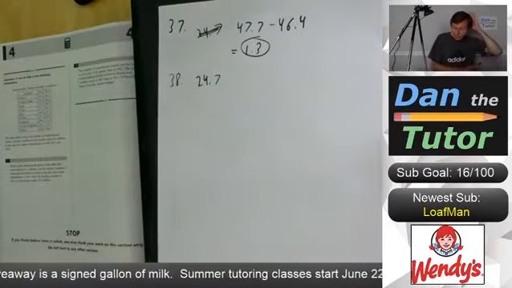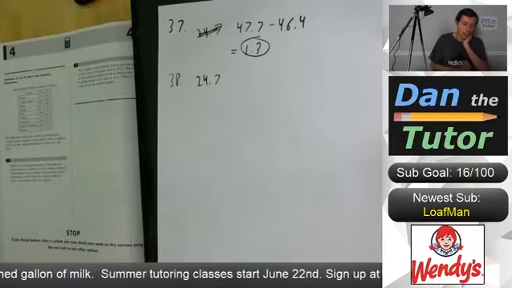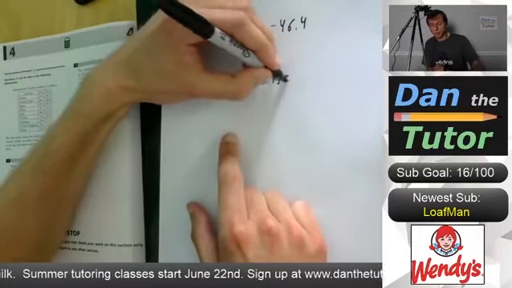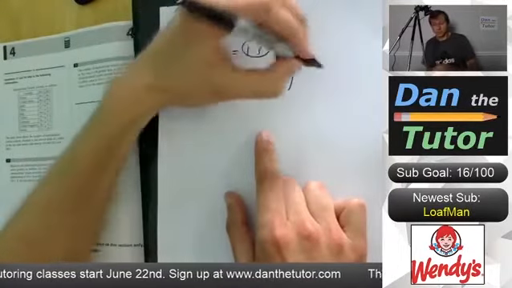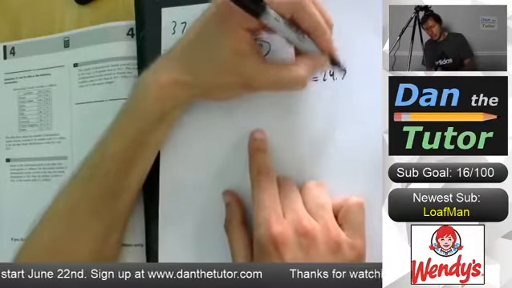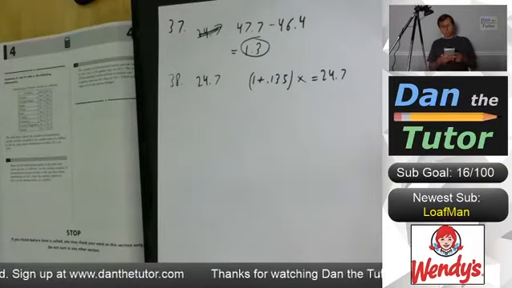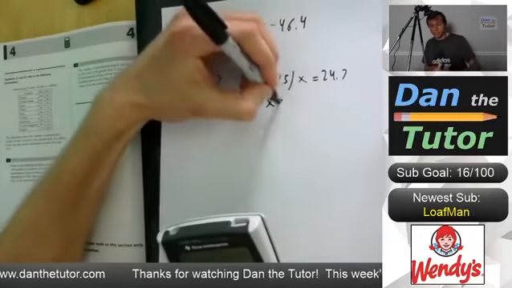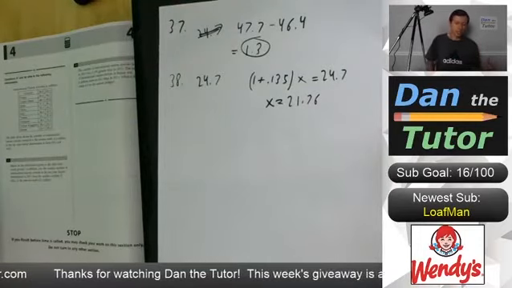Since the number of arrivals in 2012 was 13.5% greater than 2011, it means that 1 plus 0.135 times x, where x is the number of people in Russia in 2011, is equal to 24.7. So x is 24.7 divided by 1.135, which is 21.76, and that's millions of people entering Russia in 2011.